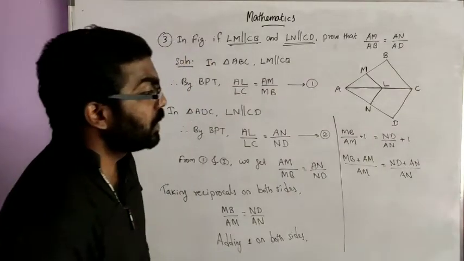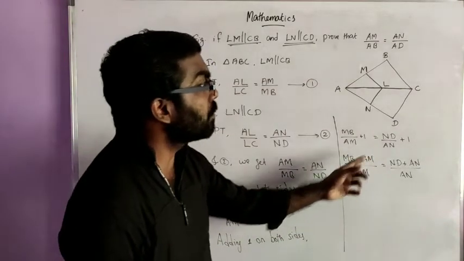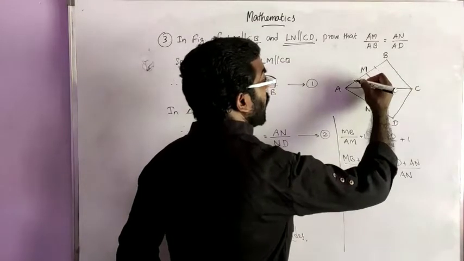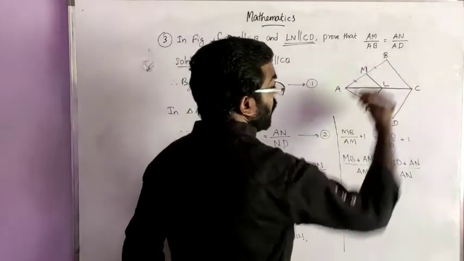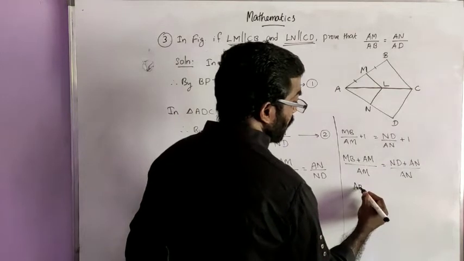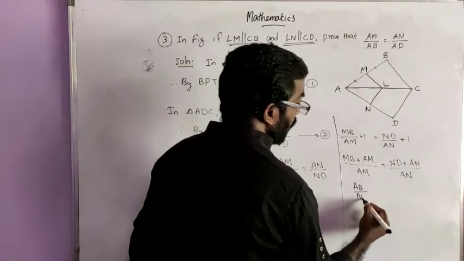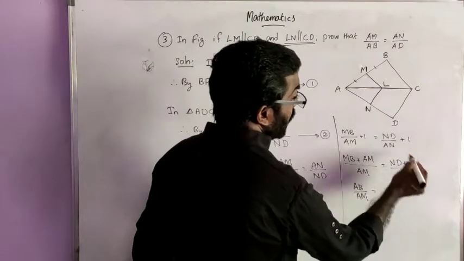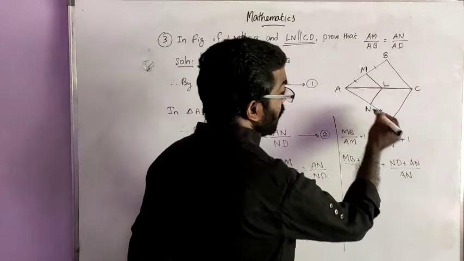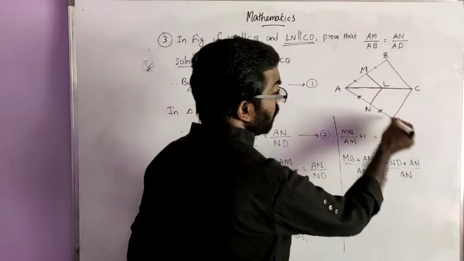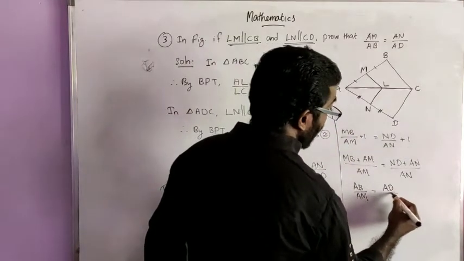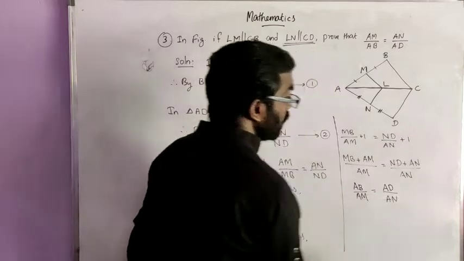Okay. Now MB plus AM, look at the figure. MB plus AM, the total length AB. So this can be written as AB by AM equal to, and here ND plus AN, this is ND then AN, sum AD, the total length AD. So AD by AN.